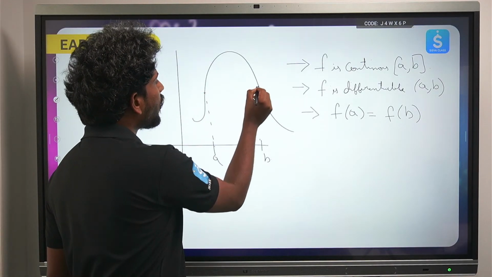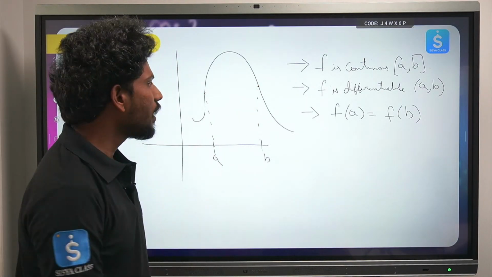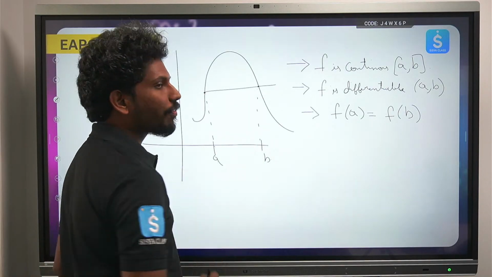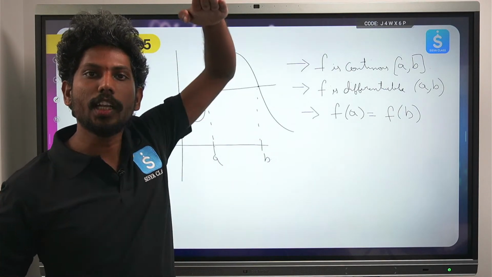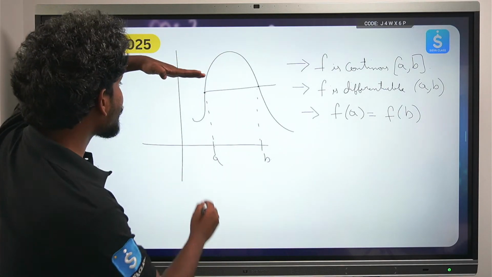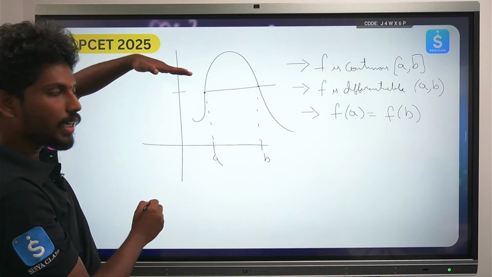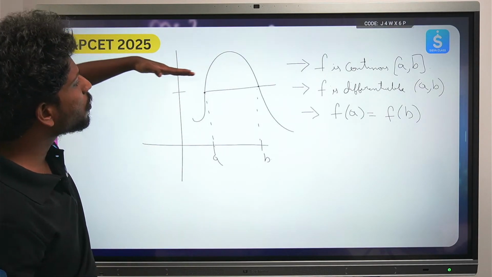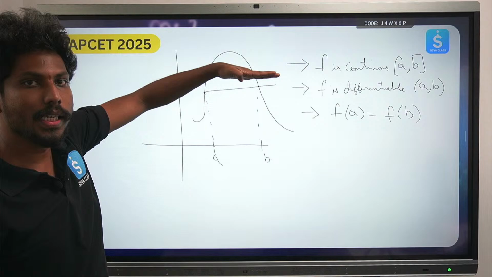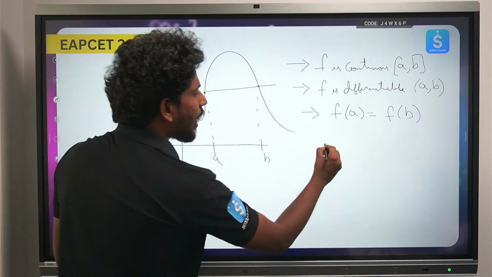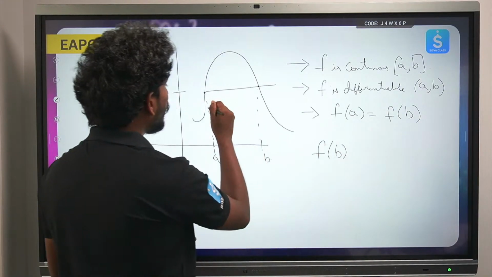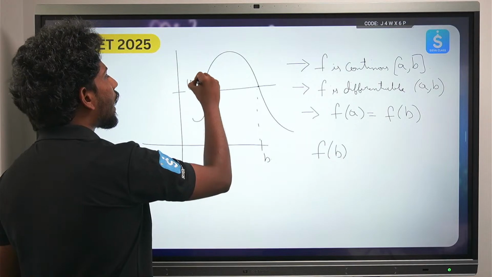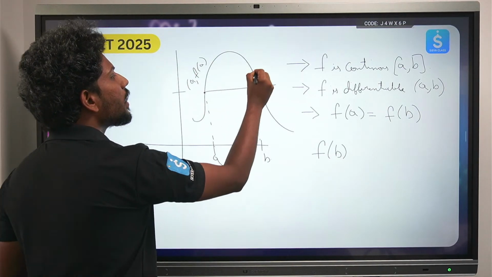Okay, if f of a equals f of b, then definitely the line joining them, the height of the points from the x-axis, don't you think this remains same, right? Now whenever the height of these 2 points remains same, what is the slope, f of b minus f of a? Let's take this point to be a comma f of a, b comma f of b.